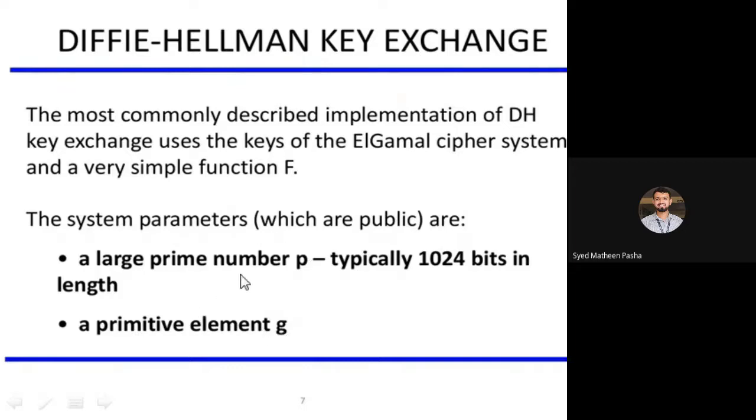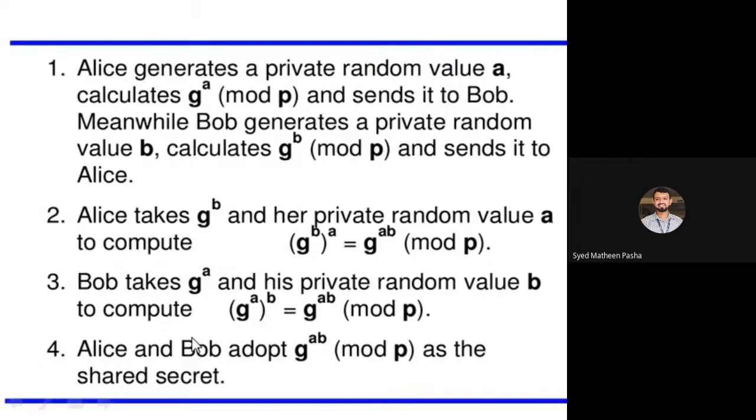One is a prime number P and the other a primitive element called G, used to compute the Diffie Hellman key exchange. This is an important point you should mention in your key exchange part. With respect to this, we'll see how your key exchange happens.